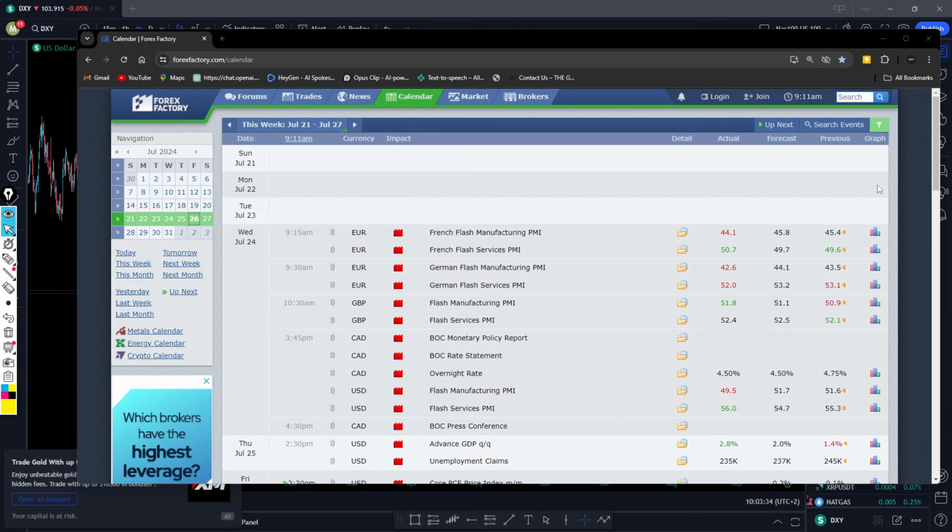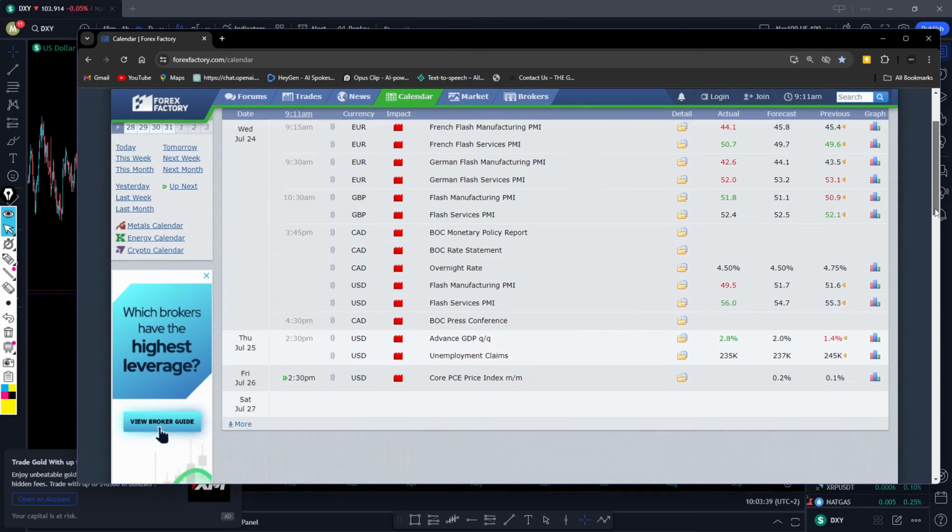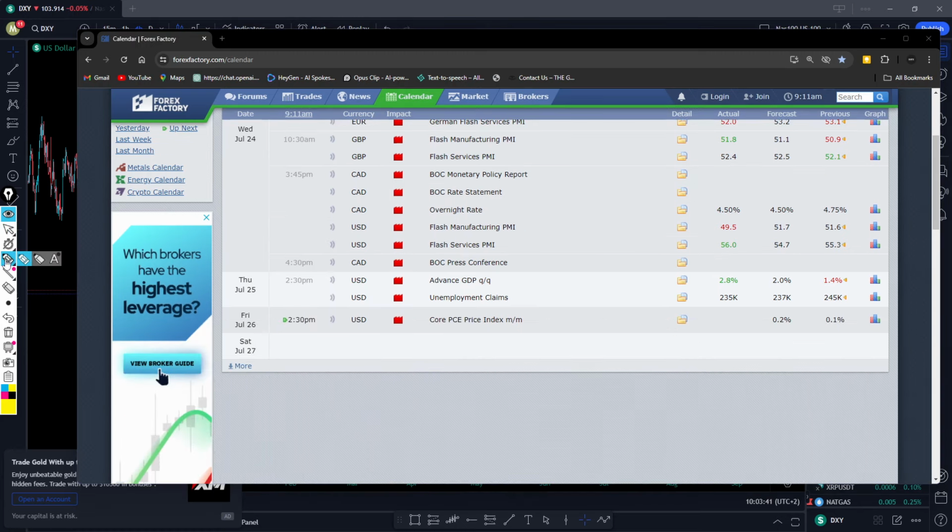Now, when we go to our quick analysis, you can see that today is the day where we're going to get core PCE, very, very important, around 2:30. This is quite similar to CPI, quite important. But it seems like on the forecast or estimate, they say the numbers might go up.